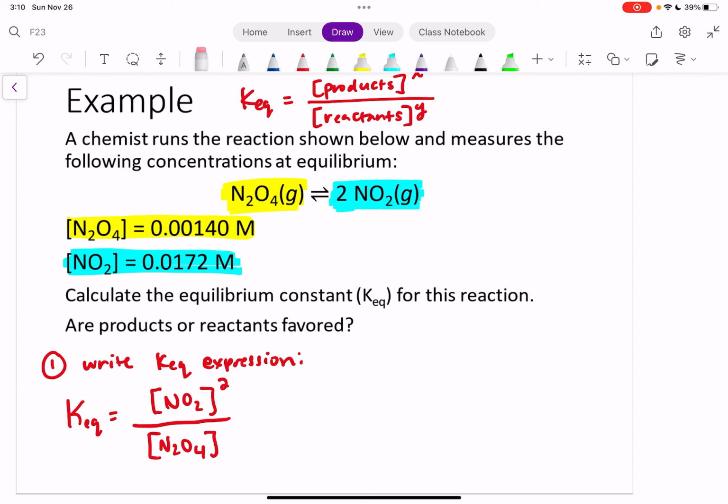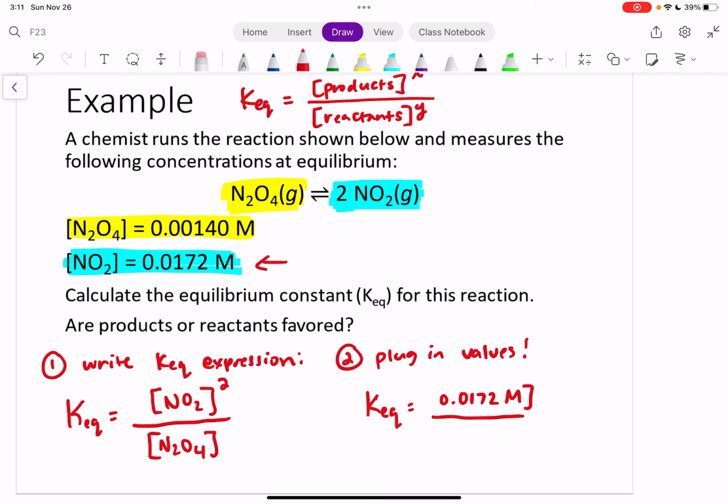And so we can start plugging in these values. So let's say step 2, plug in values. So we have KEQ equals, now what is the concentration of NO2? Yeah, the thing in blue, right? 0.0172, and I'm going to leave my unit in there, molar.